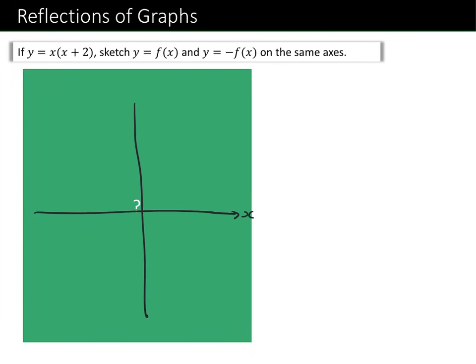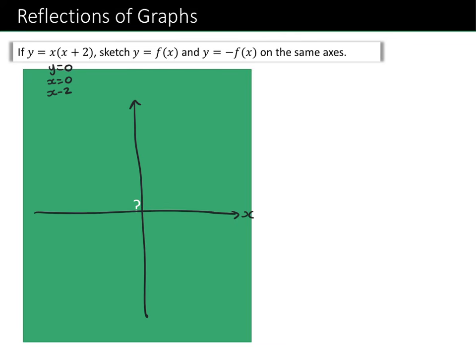Okay, we need to sketch the graph y equals x, x plus 2. Now we know that this has a y-intercept at 0, it has a root at 0 and a root at minus 2, and it is a quadratic. So this graph is going to look like this.